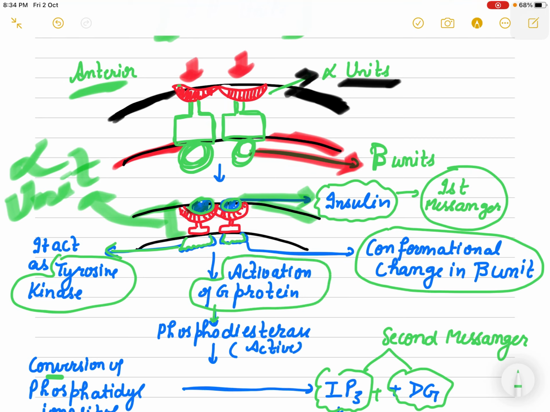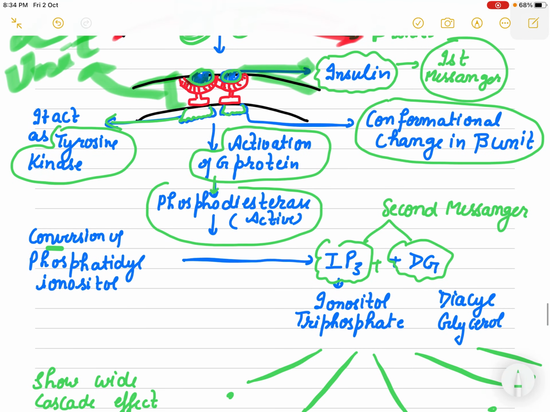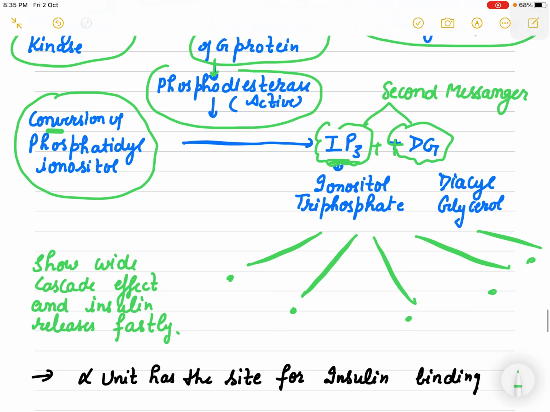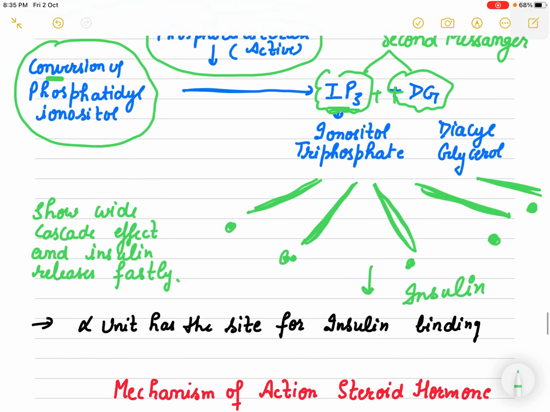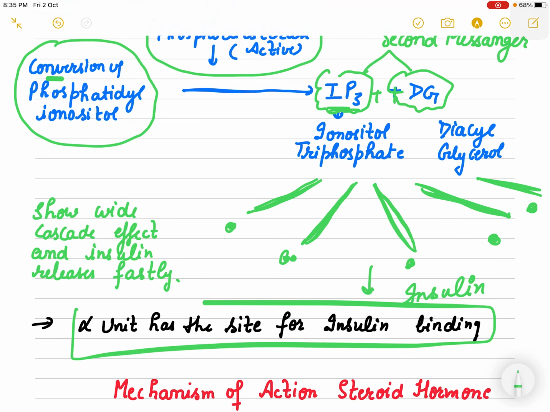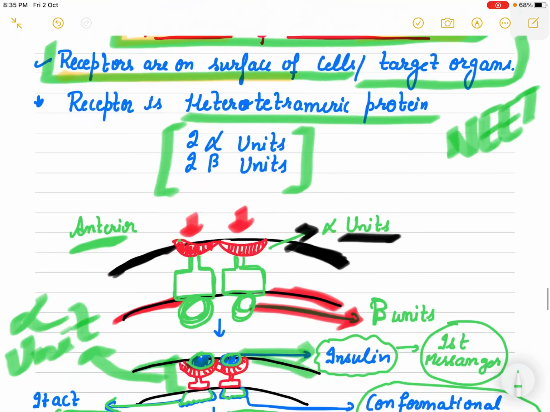It changes the inactive phosphodiesterase into active, and this phosphodiesterase converts phosphatidyl inositol into inositol triphosphate plus diacyl glycerol, and then there is a cascade of reactions, and finally insulin is produced very effectively. So the alpha unit is the major site for insulin binding.